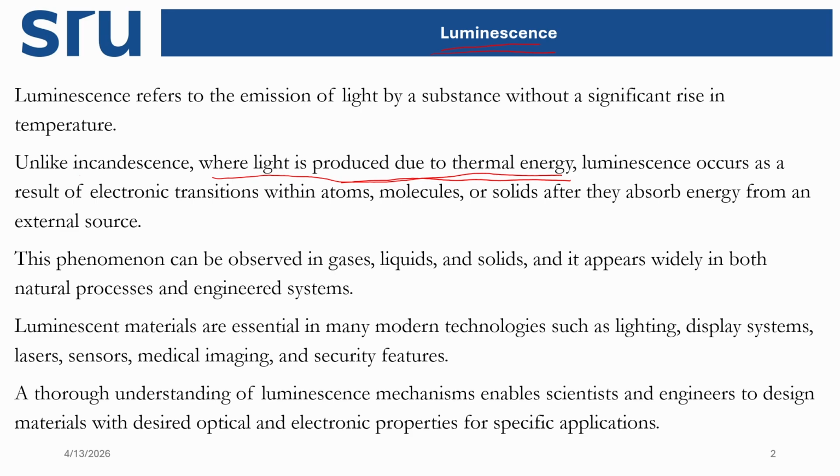Then we get the luminescence nature of the material. So inside the compound there will be electronic transitions from the higher energy state to the lower energy state. When we observe this kind of property, we call it luminescence property.